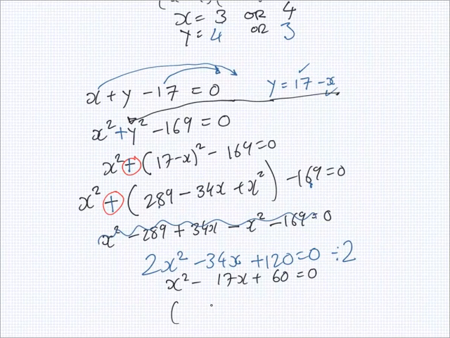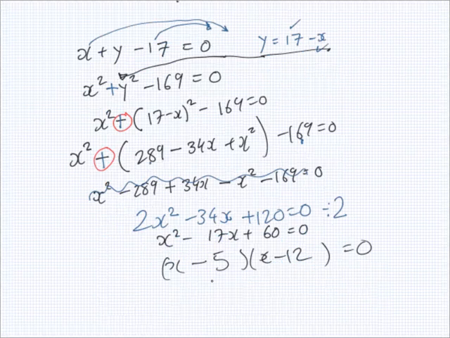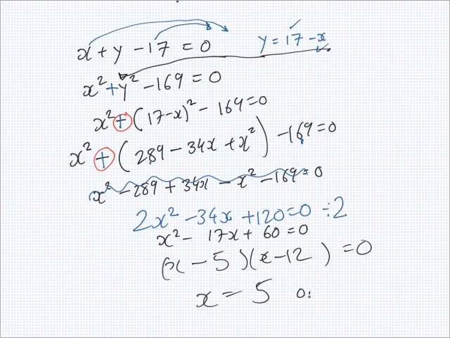It's 5 and 12. X minus 5, x minus 12. So the answer is x equals 5 or 12.